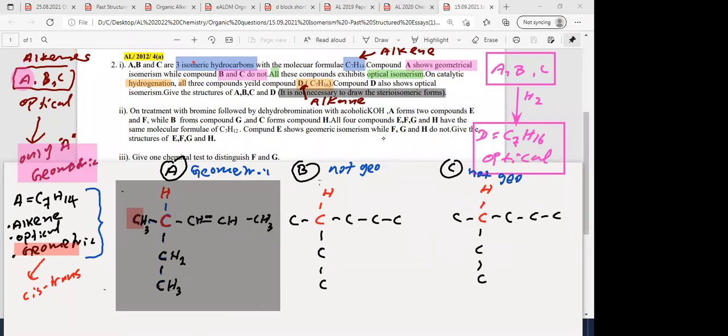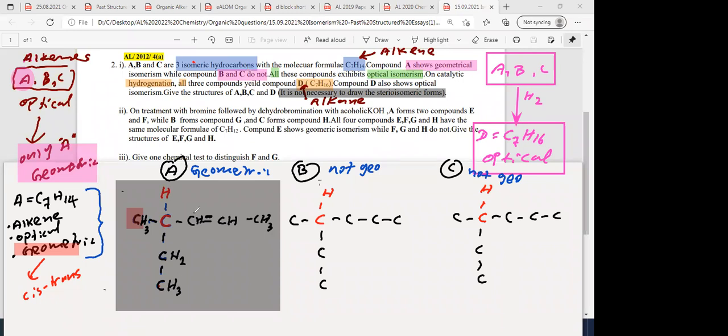No. Please raise the hand those who understood how I got the structure A from the data given. Ishara, do you have any doubts? Okay. Ishara is asking, sir, can you explain cis trans again?